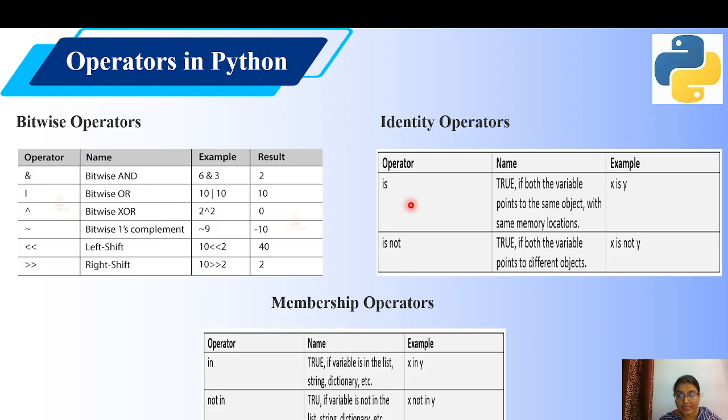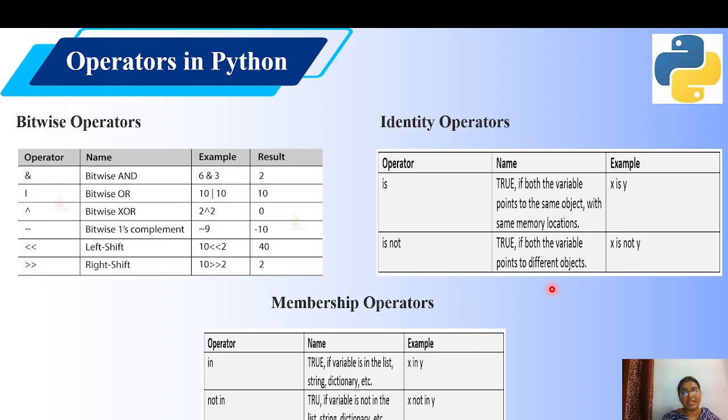The operator is returns true if both variables point to the same object with the same memory location, for example x is y. And is not returns true if both variables point to different objects. So these are the identity operators.